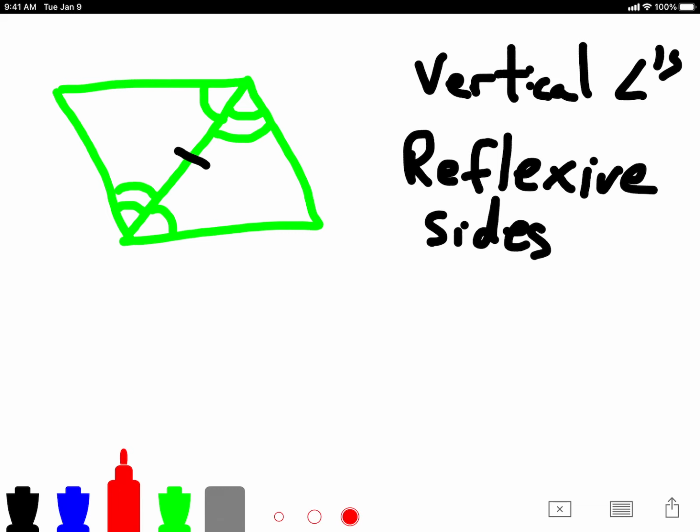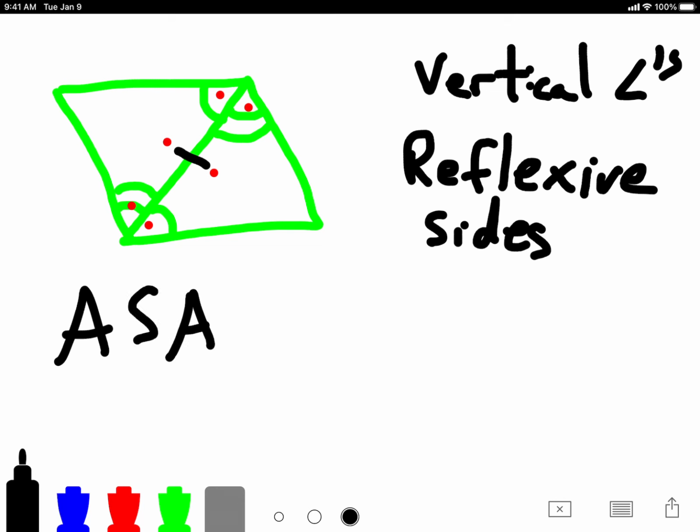So for this first one, I have an angle, a side, and another angle. So by angle, angle with a side in between, by angle, side, angle, we know that these triangles are congruent. Please see your textbook if you want more information on that, or schedule a tutoring meeting, because I want to just keep this as simple as possible.